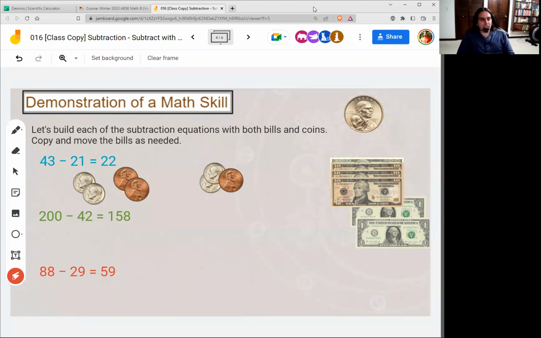Someone tell me how to move things if you don't want to be the person with the mouse. How should I make 200?